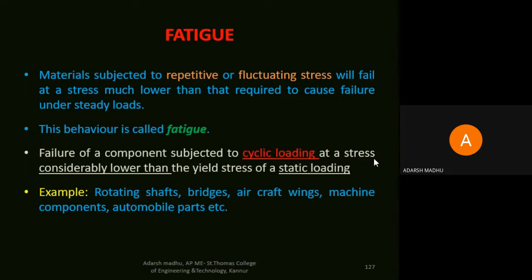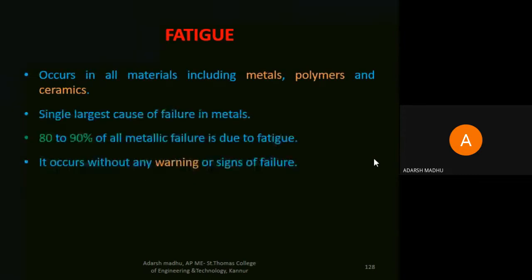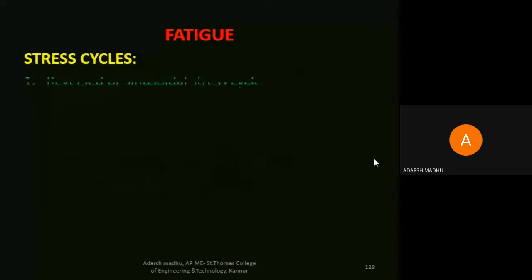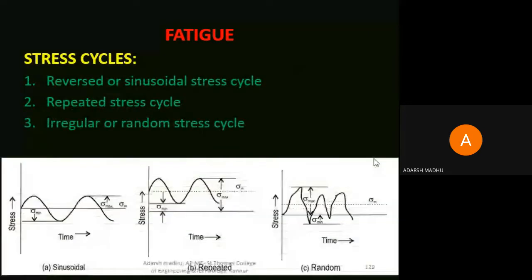So there are different kinds of loading that we are applying on any type of material. These are classified under three types. That is where we stopped in the last class: stress cycles. That is the type of force or load that we are applying on any type of metal material.